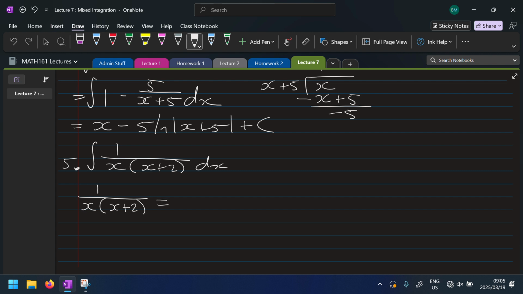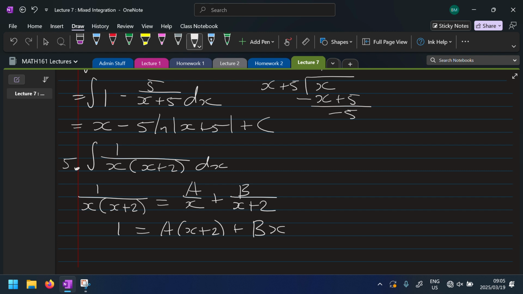We have x by itself, so that's going to be some a over x. X plus 2, there's no repetition or anything, so it's just b over x plus 2. Clear the denominator. So we have 1 equals a times x plus 2 plus b times x. Just clearing that denominator there.